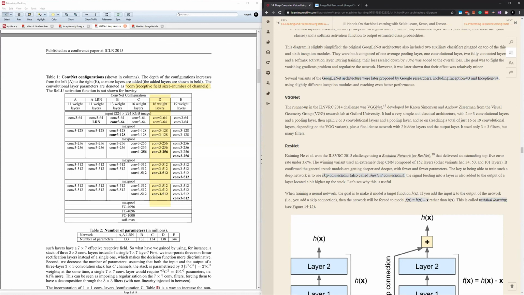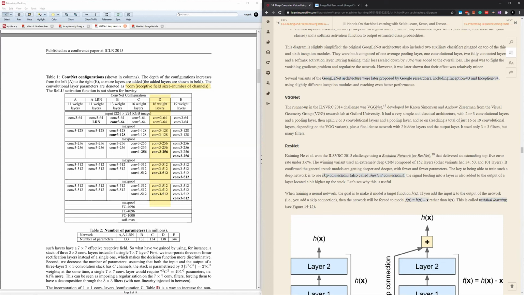Those networks are being converged to. And these are the classics and the basics that we need to have command over to get to that point.